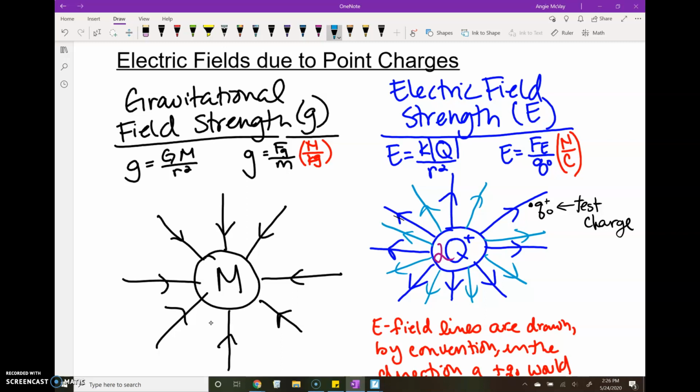Okay. Similarly with the gravitational field strength, gravity can only ever pull things inward. So if we had a little point mass, a test mass, we'll think about the direction that gravity would pull. It's always inward. If we doubled the mass, we would double the number of field lines, showing twice the electric field strength, twice the force.